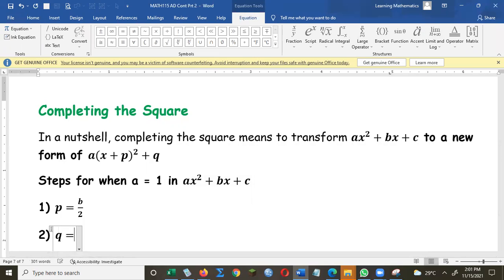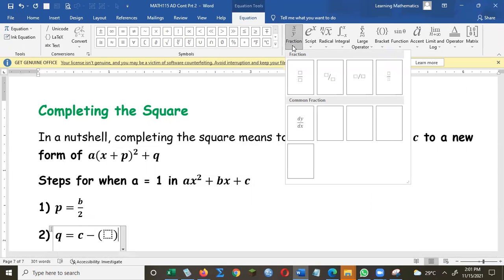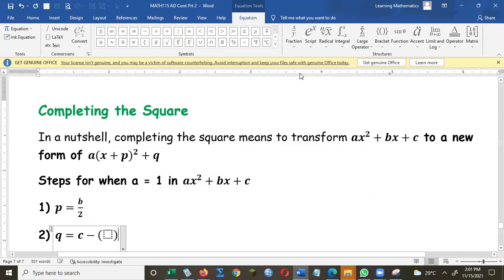Q is always c minus, I have to be very careful, c minus, open bracket, b over 2, close bracket, all squared. Always minus, or p squared if you want to put it that way. Q is always c minus p squared.